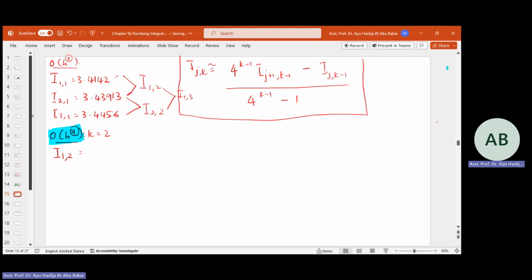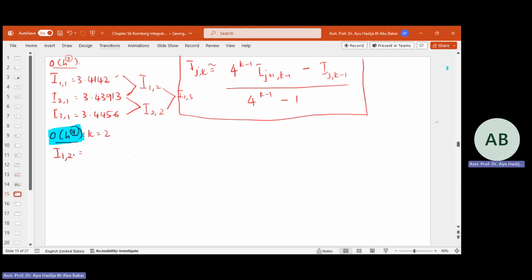Just now, let's say this is the value that we get from OH2, K level 1. So to find I12 just now using the Romberg equation, we straight away used 4/3 multiplied by IM, right? Actually, that comes from this equation. I just want to let you know how to use the equation.